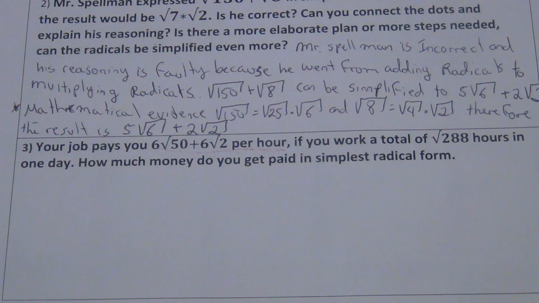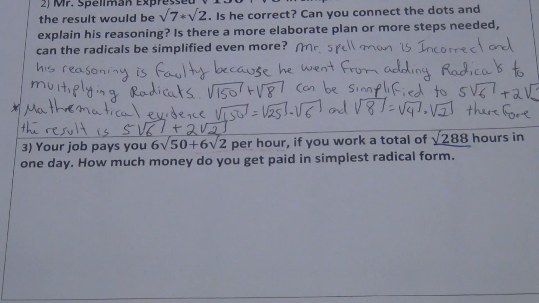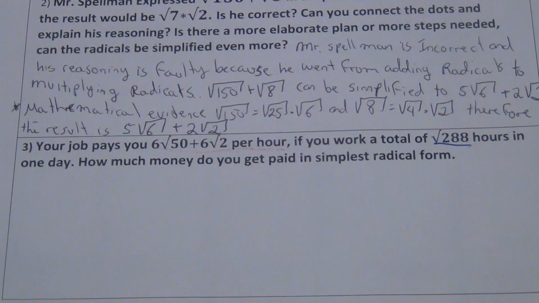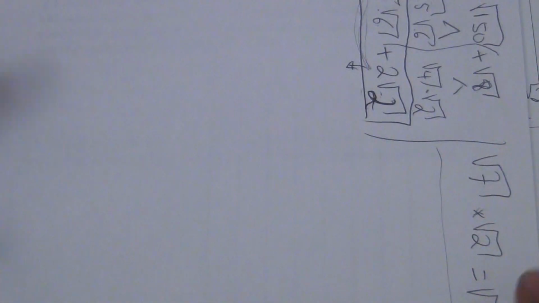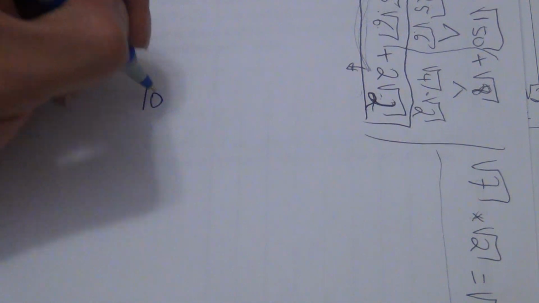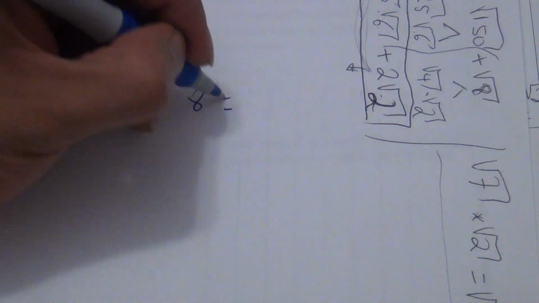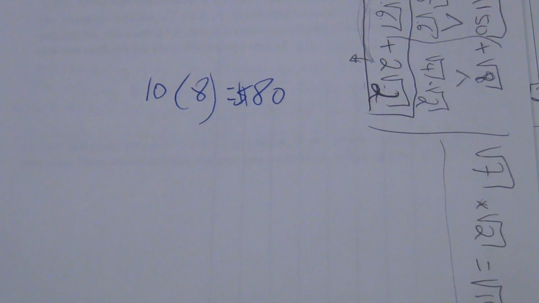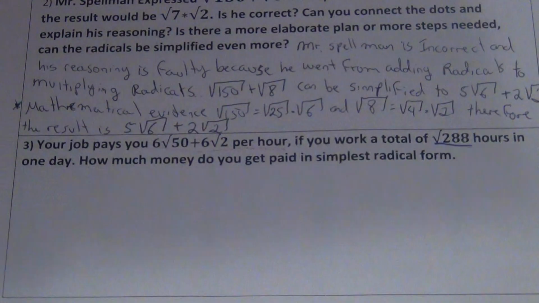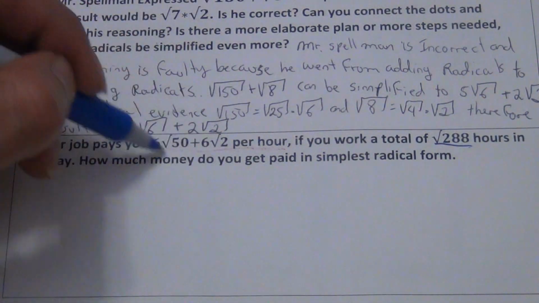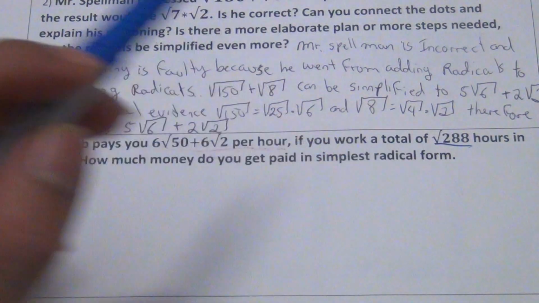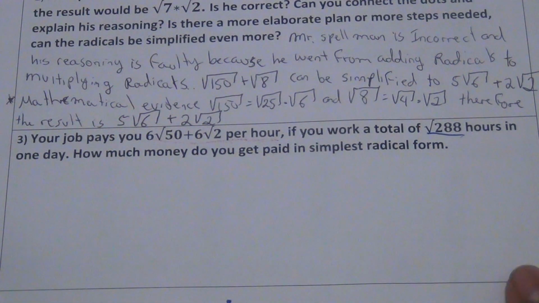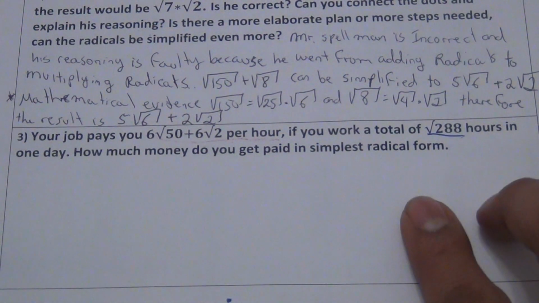Now, if you work a total of radical 288 hours in one day, how much money do you get paid in simplest radical form?